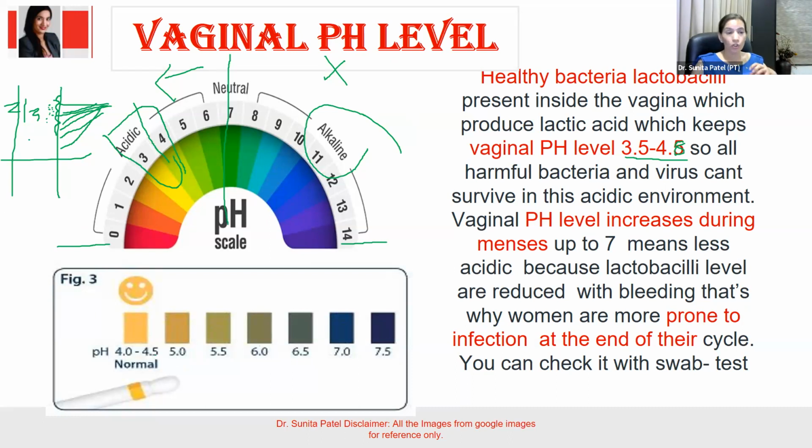As you go more downward towards the openings, towards the vestibule, there is less presence of lactobacilli, and the ecosystem is not as healthy as it is more inside. Internally, this part connects with the cervix, and the cervix is the door. After the cervix, the uterus starts, and after the uterus are the fallopian tubes, and then our primary reproductive organs, the ovaries, lying on the sides.